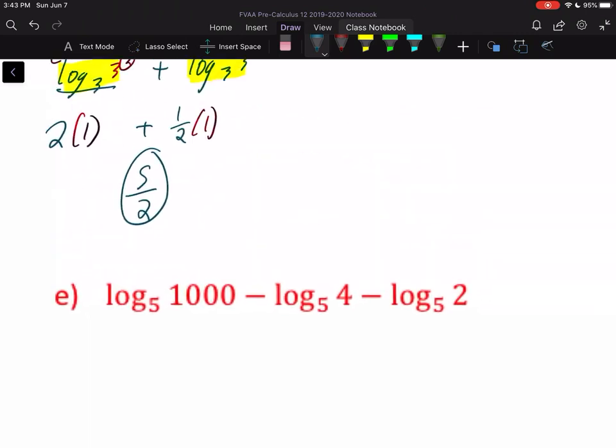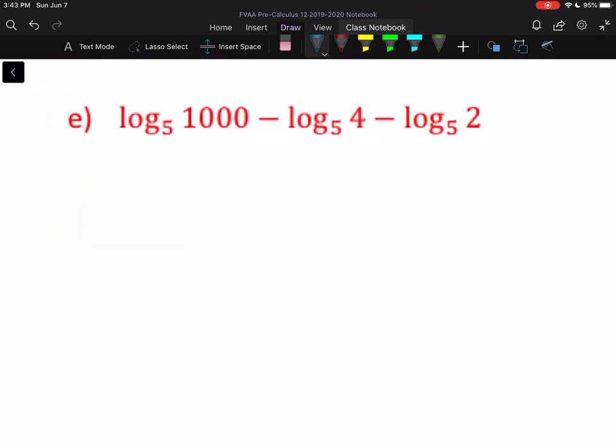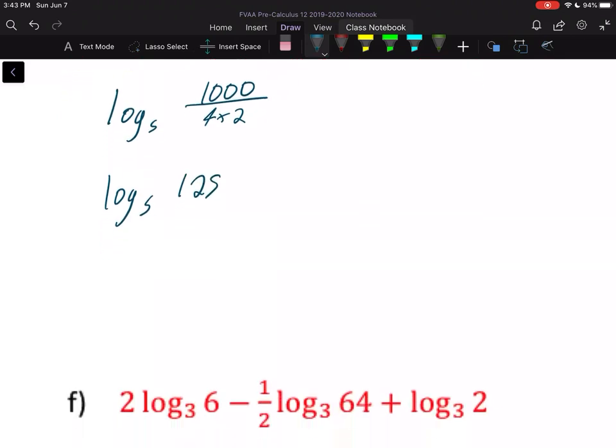All right, another problem here. Just going to set this up here. Log base 5 of 1,000 divided by 4 times 2, right? No other exponents or deals here. So 1,000 divided by 8 is equal to log 5 of 125, okay?